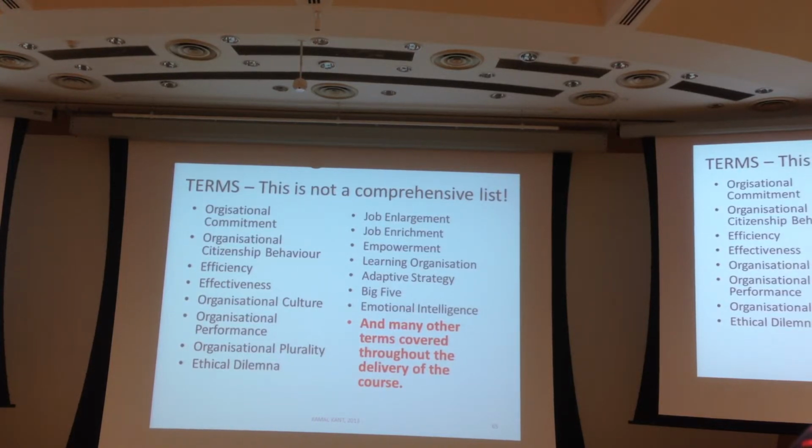Some have not come out, some have come out. Job alignment, job enrichment, something like that, empowerment, that's in the motivation lectures. Learning organization came out last exam, so I'm not going to ask you again, but it's useful to know. Adaptive strategy came out last semester. So you have these kind of terms.